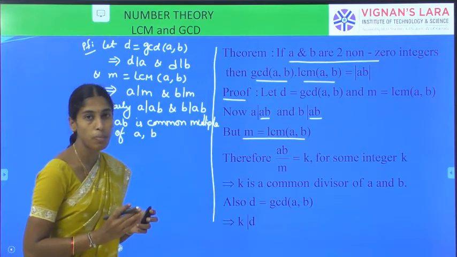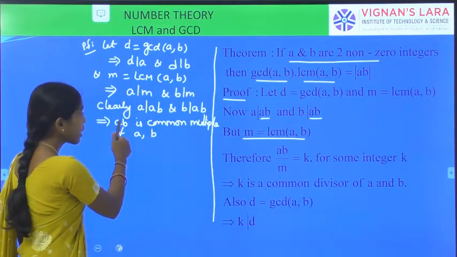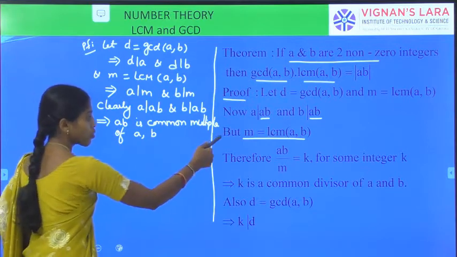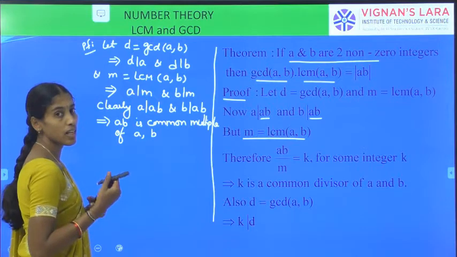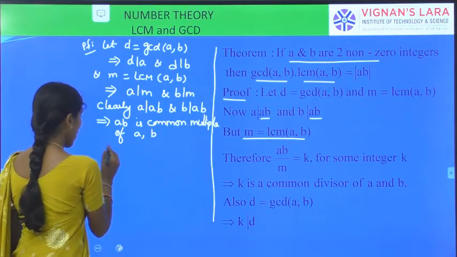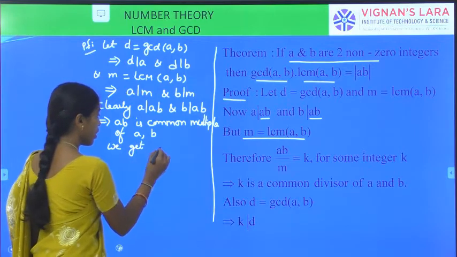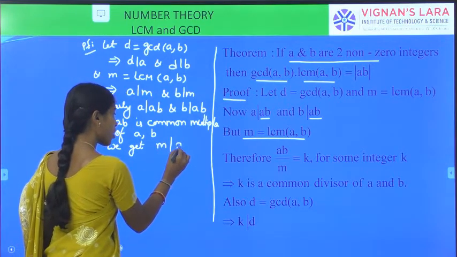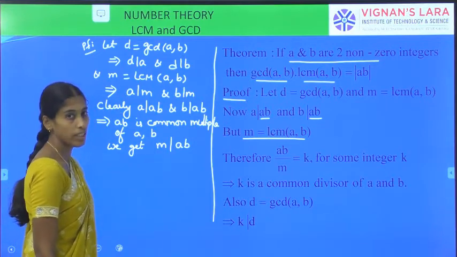Among all common multiples, M is the least one. But here we get AB is a common multiple. So using this least common multiple property, since M is the least one, we get that M divides AB.